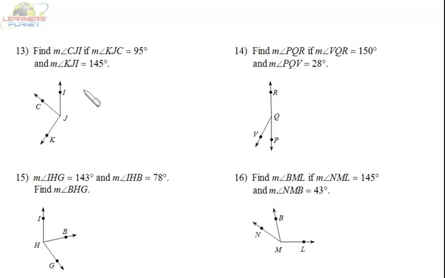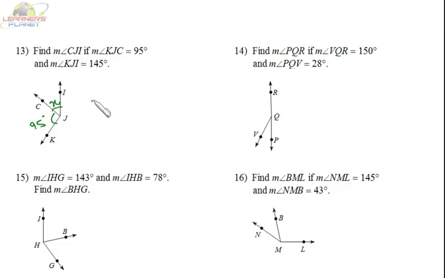Now in this question, we have to find out the measure of angle CJI. That means we have to find out this. Suppose it is X. KJC is 95 degrees. That means KJC, this angle, is 95 degrees. And KJI, this complete angle, is 145 degrees.